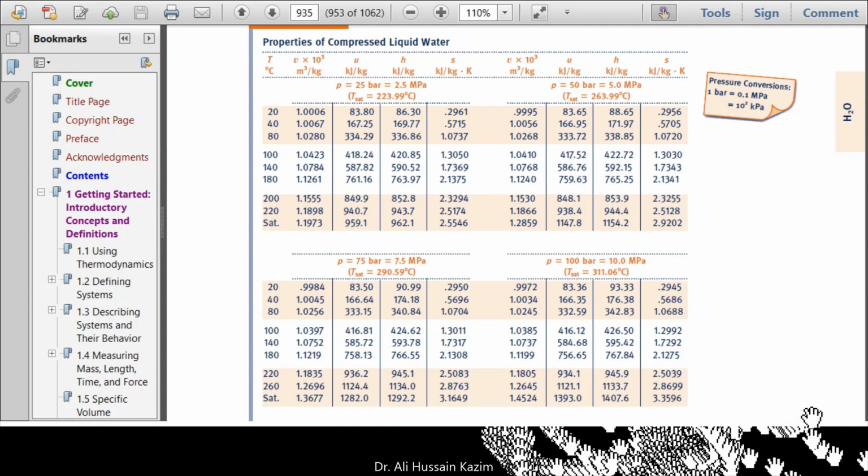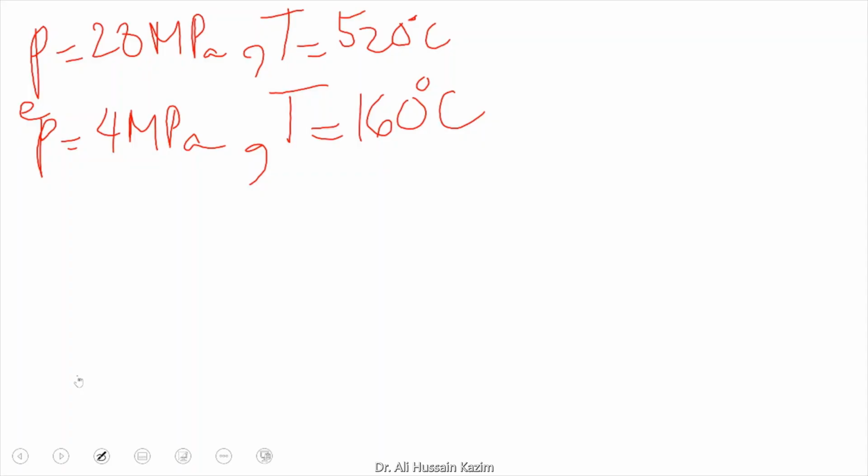We copy these two specific volume values and these two internal energy values. Then for 50 bar, we copy these two values and these two values. So we copy all of them to the worksheet.